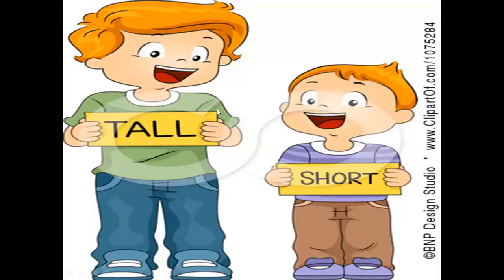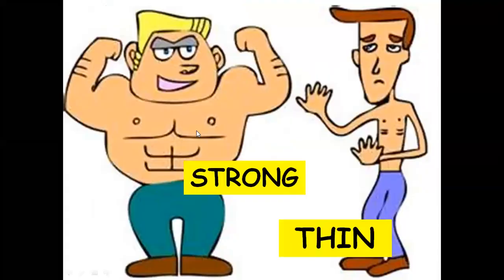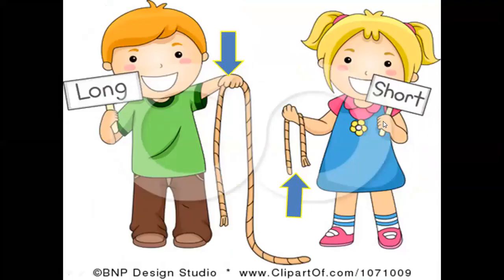Tall and short. When we are making the comparison, we use these words. This boy is tall and he is shorter than this one. Strong and thin. He is a strong man and this man is thin. Long and short.